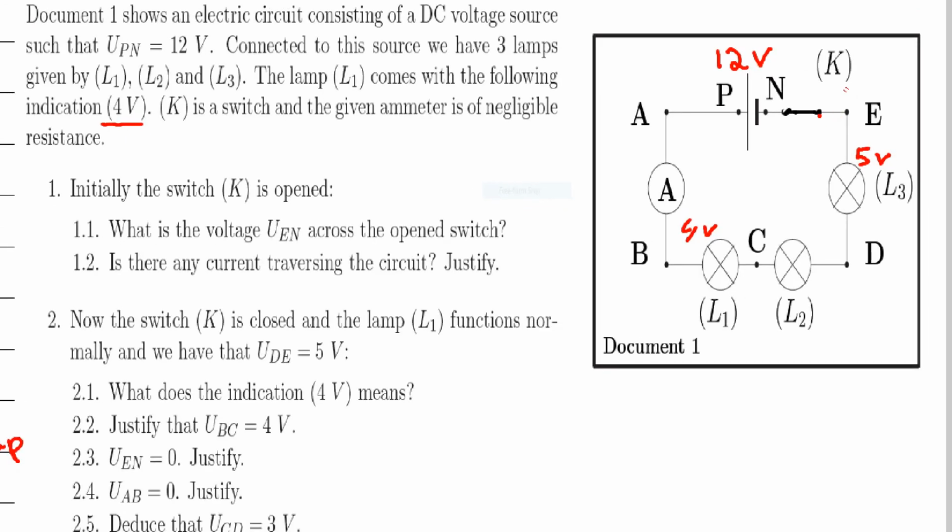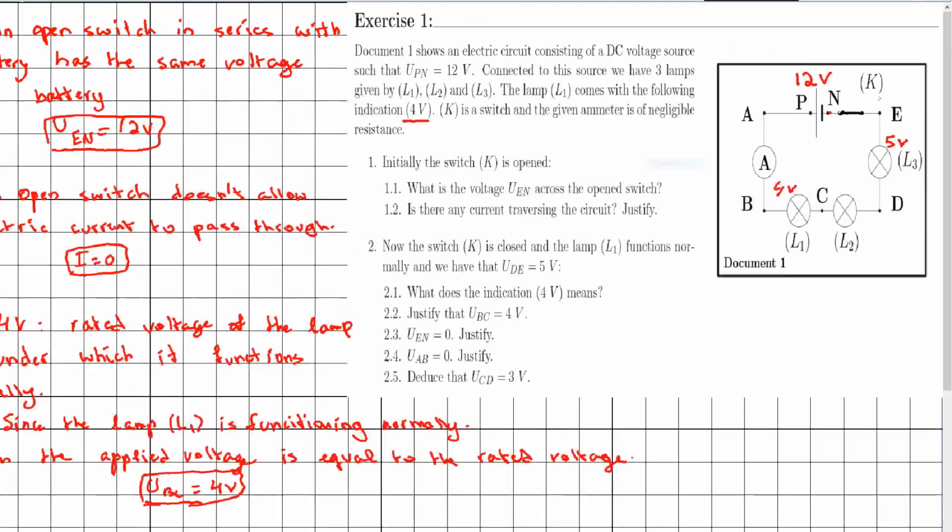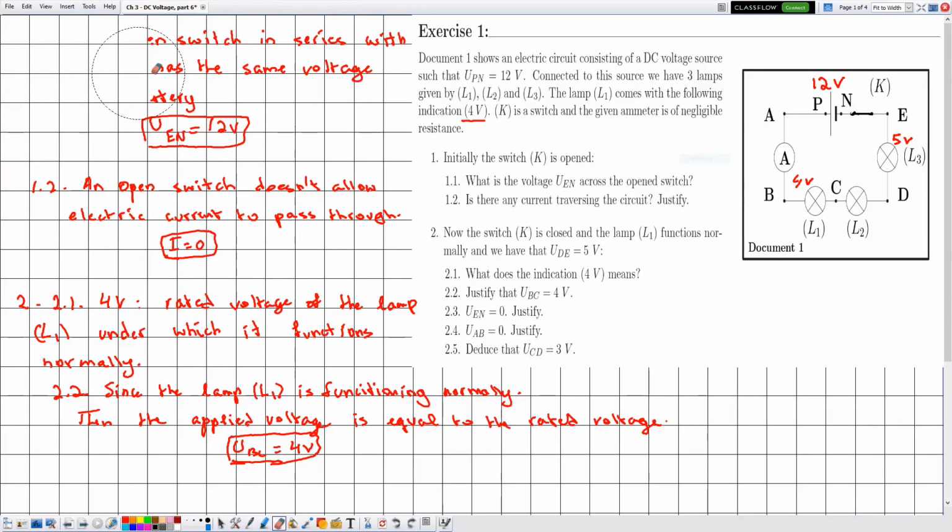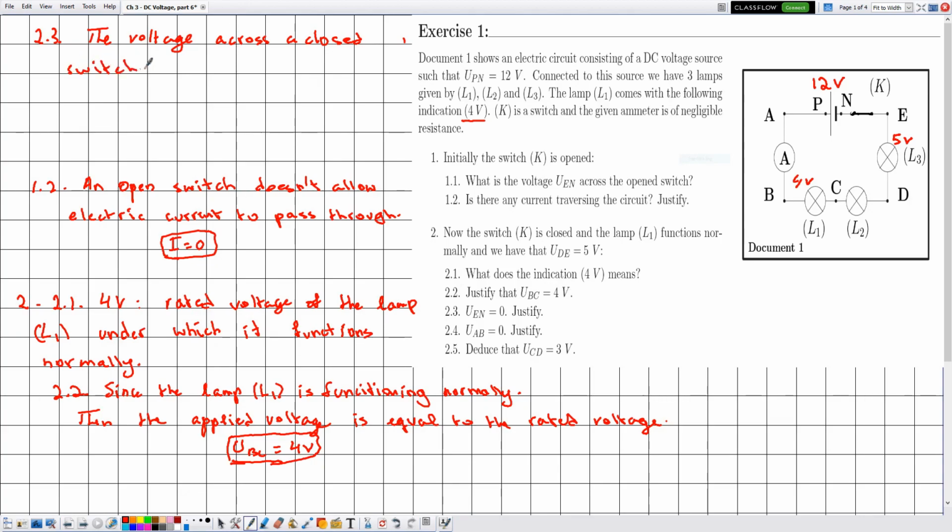So UAN represents the voltage across the closed switch, and we know it's equal to 0 because it acts as a connecting wire.